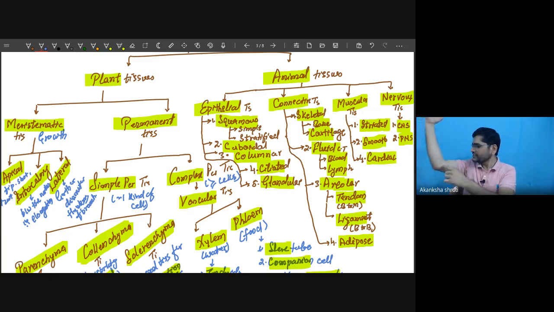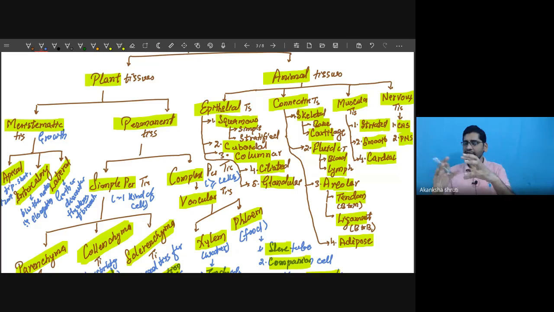So between this, at the place of their movement, ligament is present here, so that the two bones are not rubbed over one another. Because if two metals are rubbed over one another, that will produce sound, and the metals or the material get rubbed.